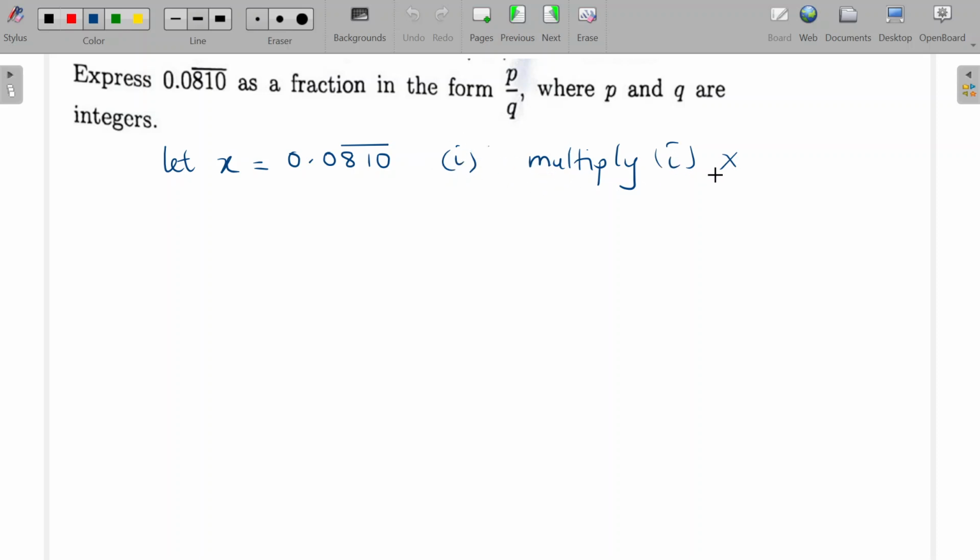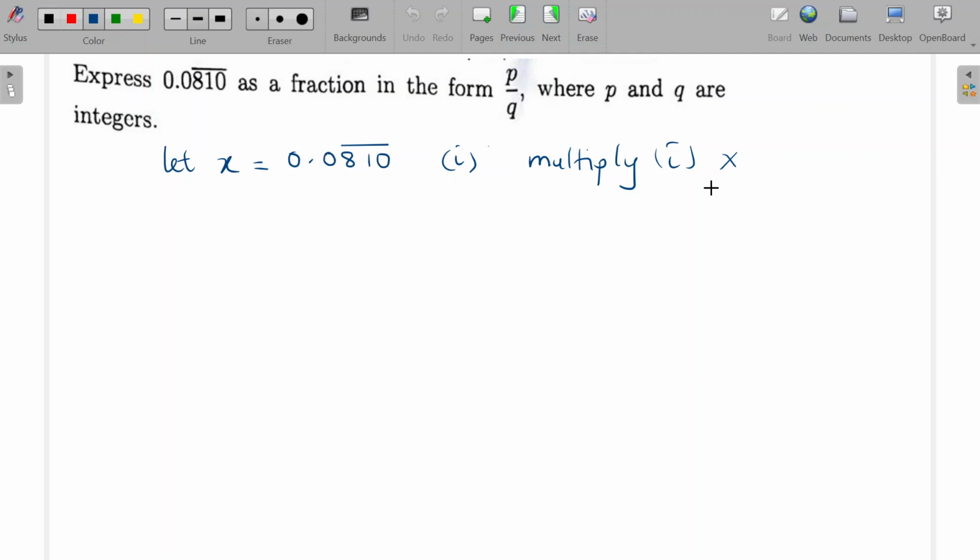Then you multiply equation 1 by a certain number, and what determines that number is the repeating digits. The only numbers repeating are 810, but the 0 in front is not repeating. So you first multiply this equation by 10, so that you can remove the number which is not repeating.